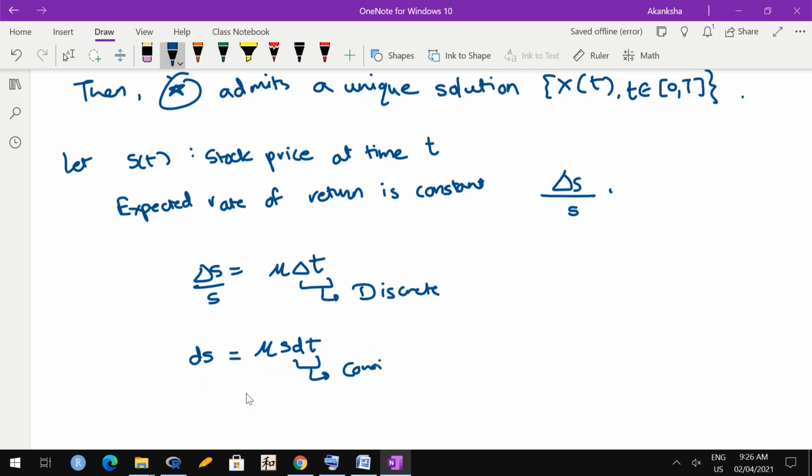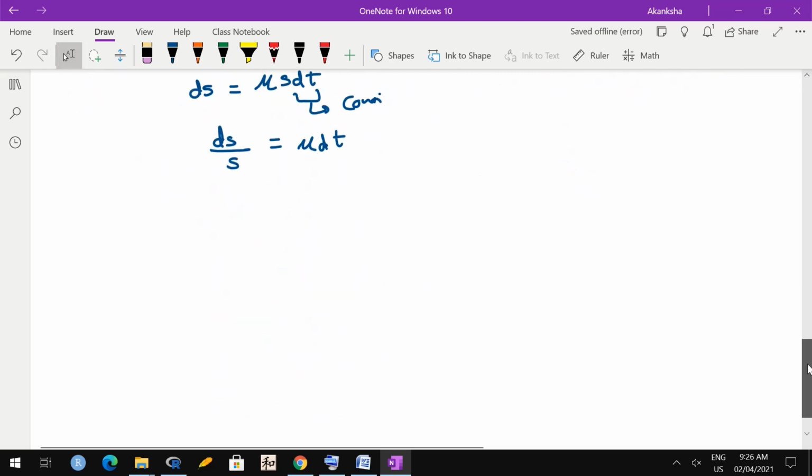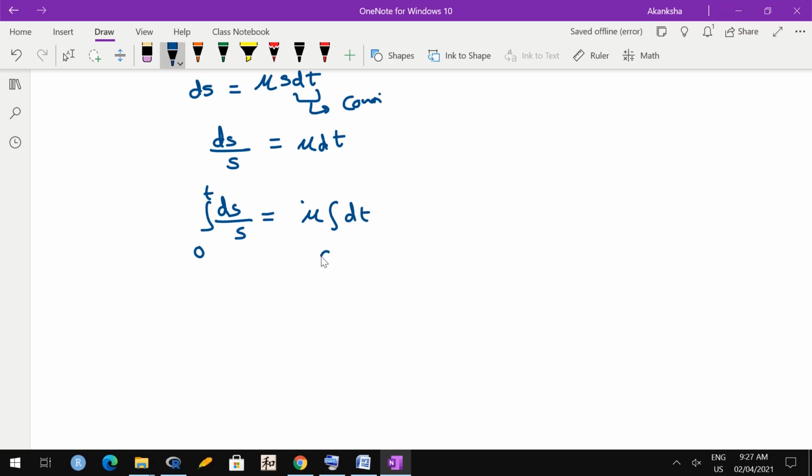Now if I write dS equal to mu S dt, then I know I can do dS by S as mu dt. If you remember your differential equation from mathematics, this is variable separation, right? You have S on one side and t on the other side. And if you integrate this, so if you try to find the solution, you have to integrate it. So integral of dS by S over 0 to t is mu integral dt over 0 to t, because mu is of course constant.